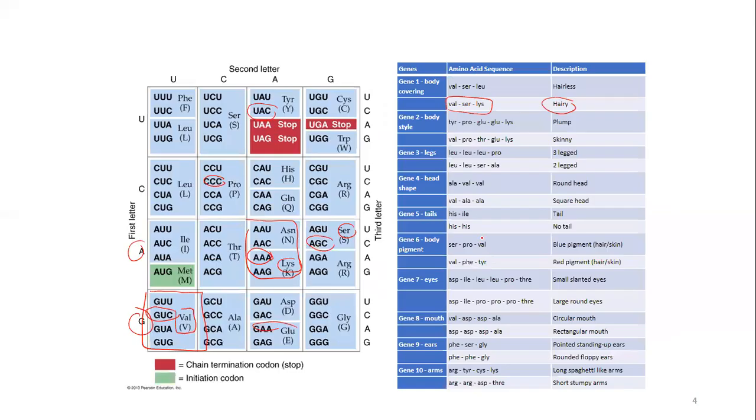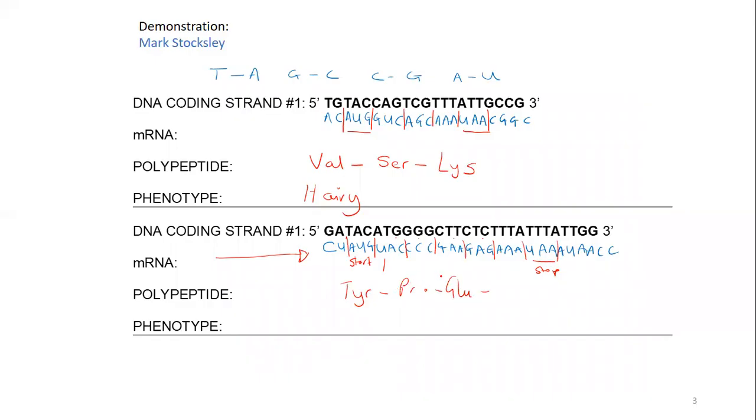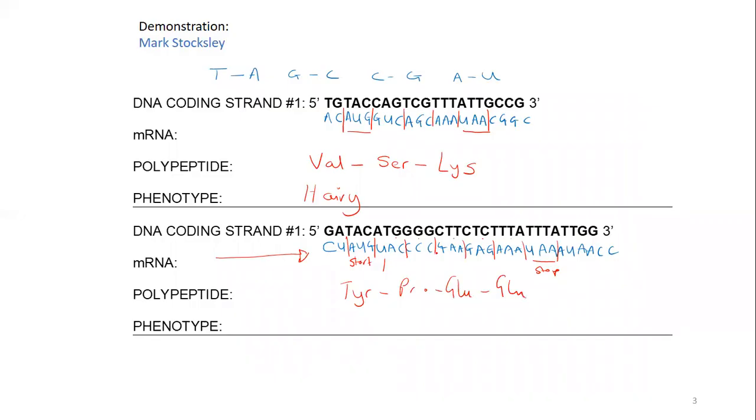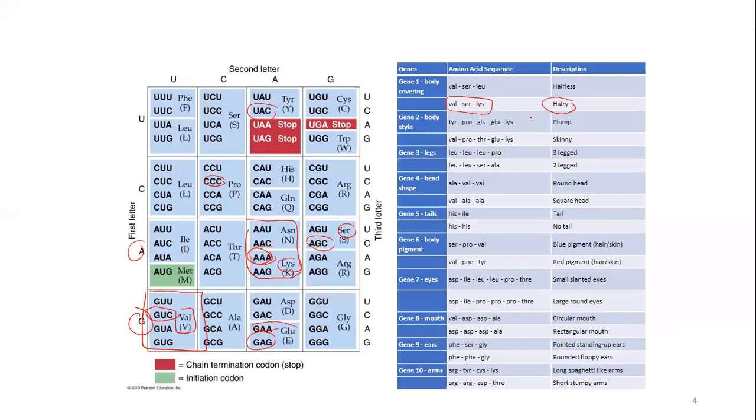GAG, it's glutamate again, or glu. And finally, AAA, lysine again. So now we have a polypeptide with 5 amino acids in, so that would be our answer for gene 2. It's tyr, pro, glu, glu, lys.